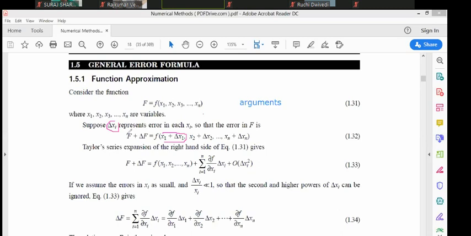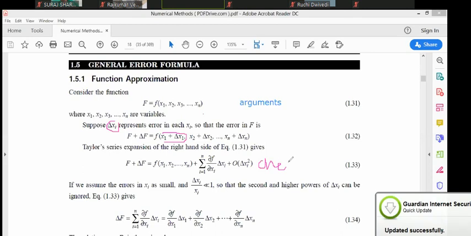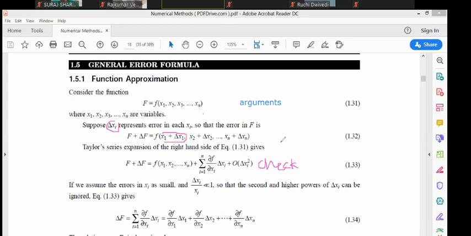You can check the right hand side by derivation. It's simple. So the right hand side has become this, in this way, equation 1.33.